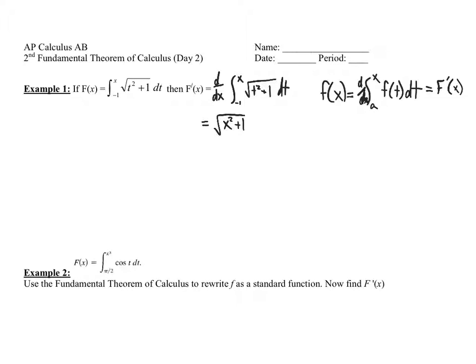Now, we should be careful here because what was the one condition for this? There was one condition. The function had to be continuous on the interval from a to whatever x you're working with.